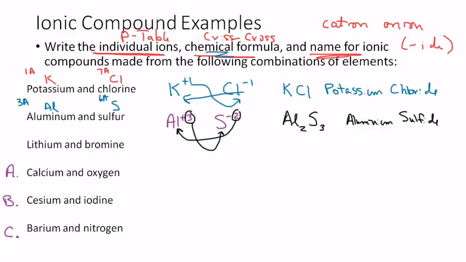But for each of them, I would like the ions, individual ions. That was this column right here. I would like the formula. That was this column here. And I would also like the name. All right, there you go.